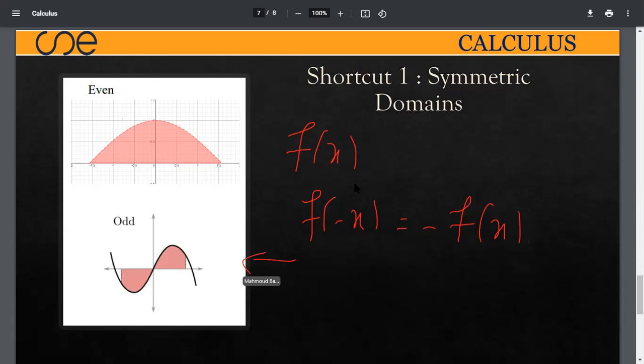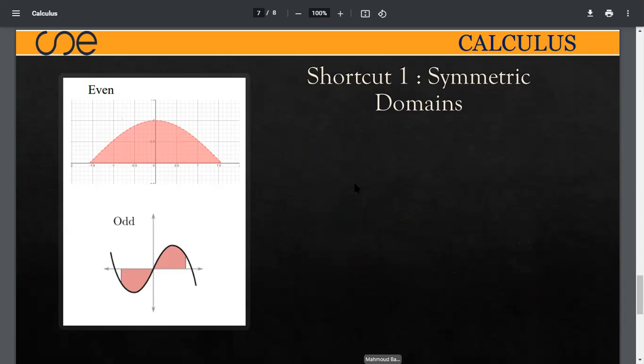In this case, the integral from -a to a of f(x) dx would be directly equal to 0. I won't even bother calculating. You can take sine x, for example. The integral of sine x from -1 to 1, I can directly say it's equal to 0.